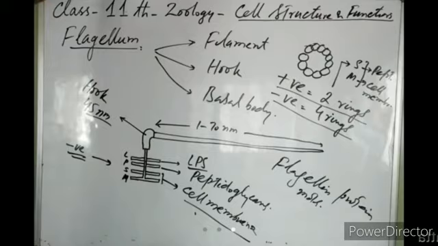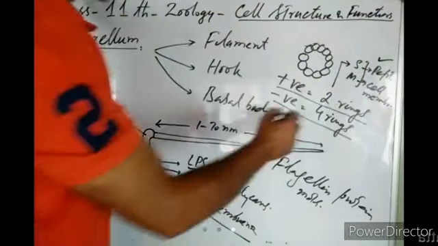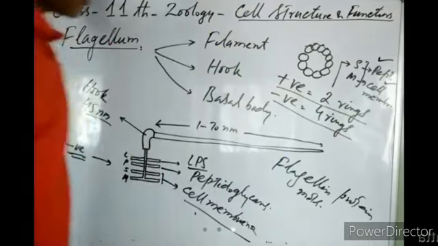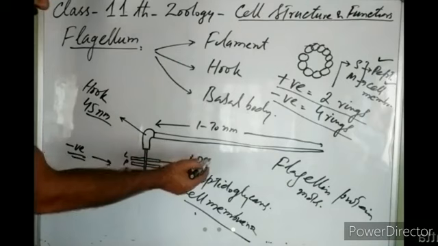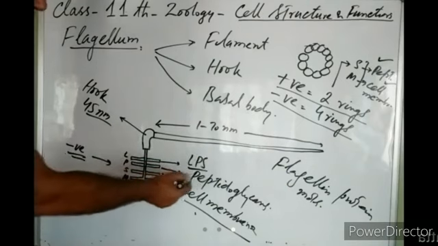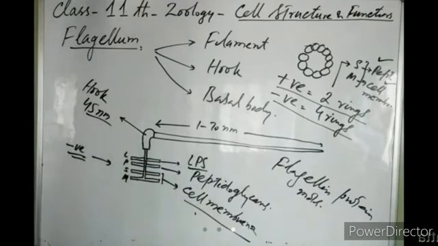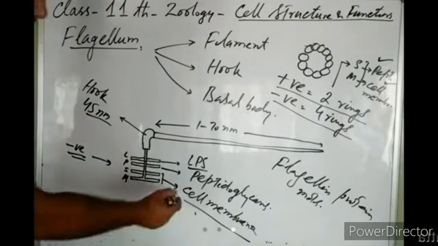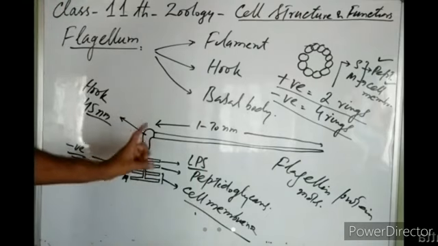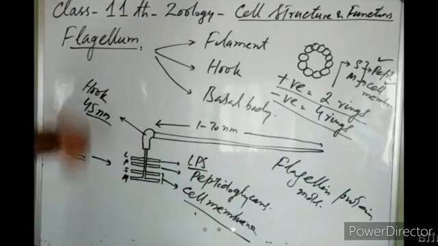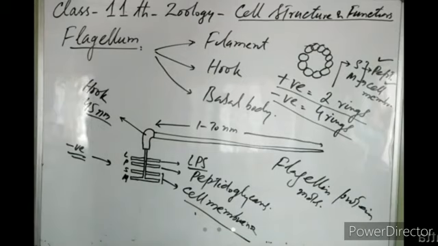In gram-positive bacteria, the outer ring is embedded in peptidoglycans and the inner ring is embedded in the cell membrane. Whereas in the 4 rings, the outer ring is attached to the lipopolysaccharide membrane, inner to that the P ring is embedded in peptidoglycan, and S and M are embedded in the cell membrane, right? So this is the structure of the flagellum of a prokaryotic cell.